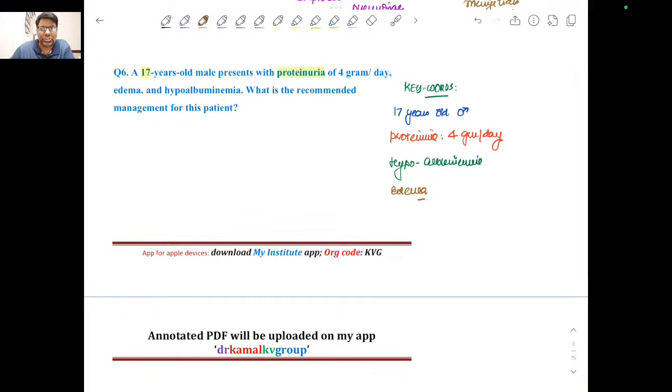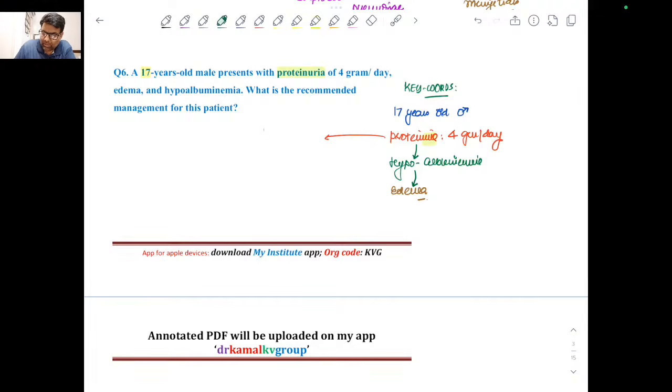So firstly we have to reach the diagnosis. Now here, because of protein leaking into the urine, there will be low serum albumin level, and because of low protein there will be edema. So these 3 points are interrelated. So here what we notice is that there is proteinuria, means protein is going in urine.